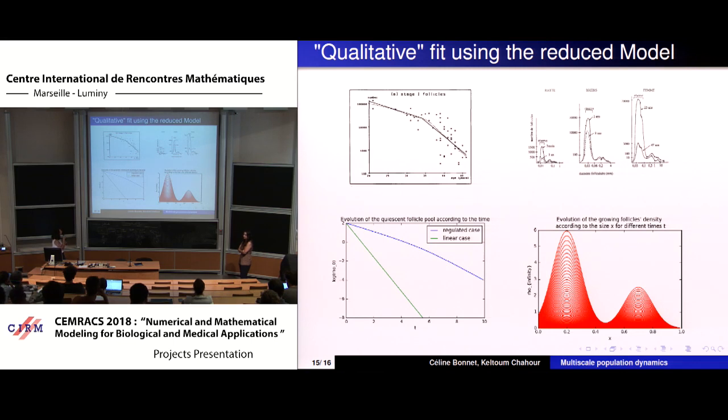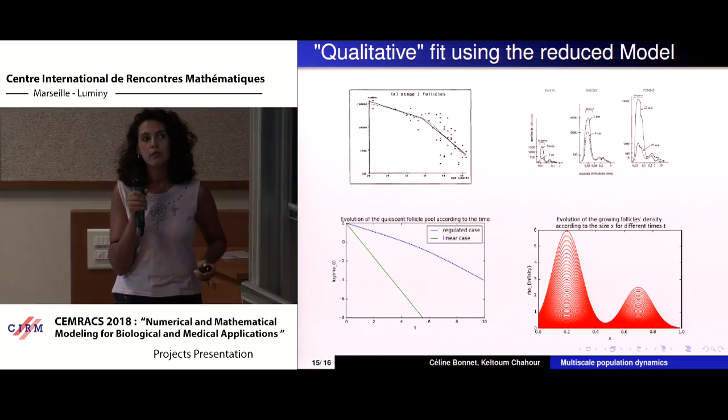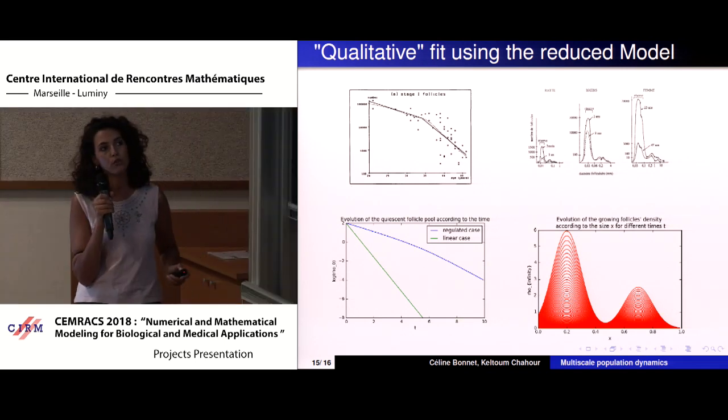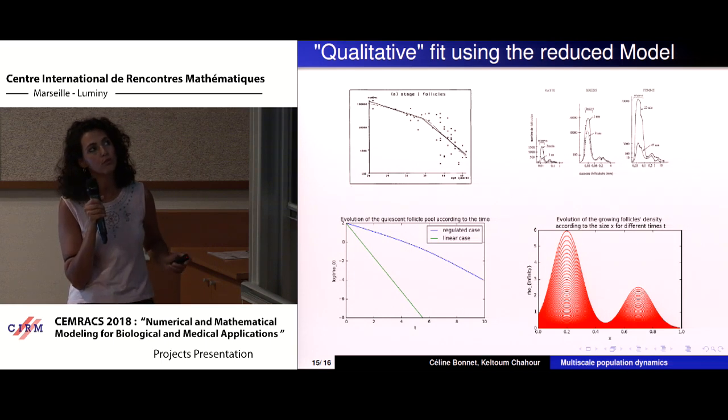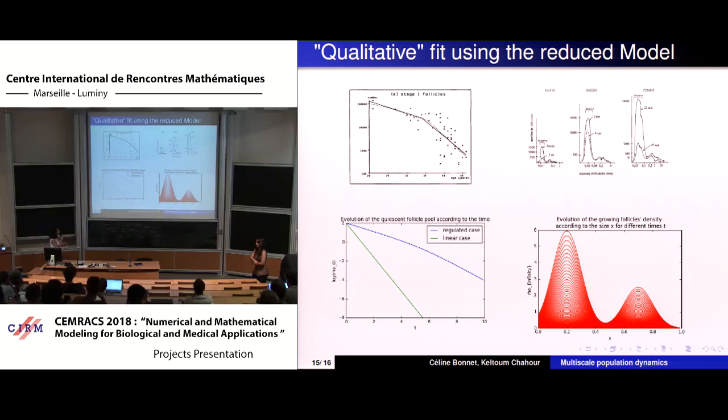So we go back to the figure that we presented on the first slide. We have those biological data that we introduced on the previous slides. And thanks to our model, we could reproduce at least the same distribution of the follicles growth for the boundary condition and also for the growing follicles.